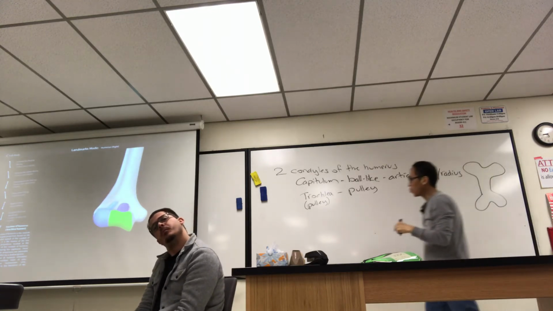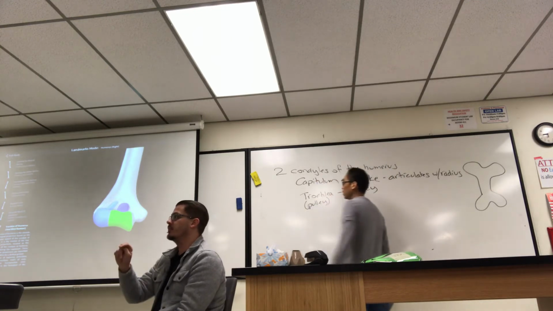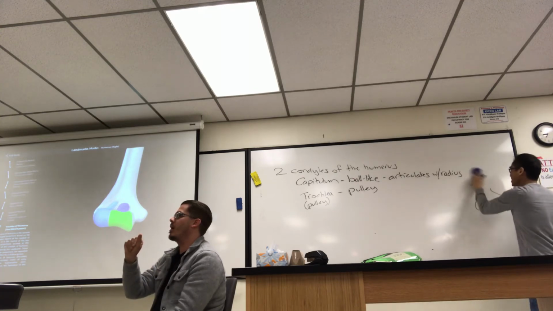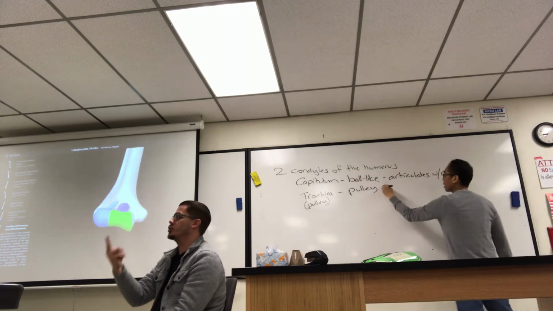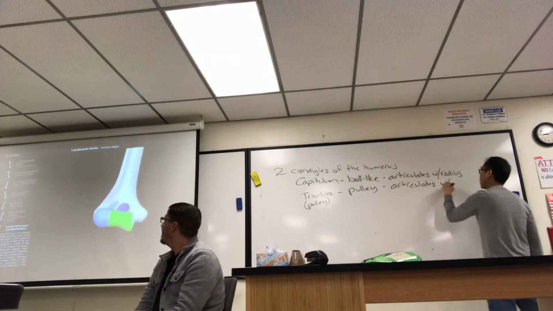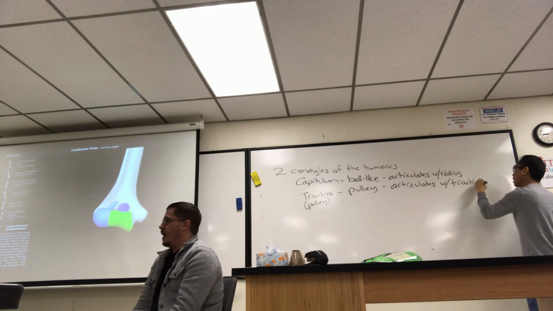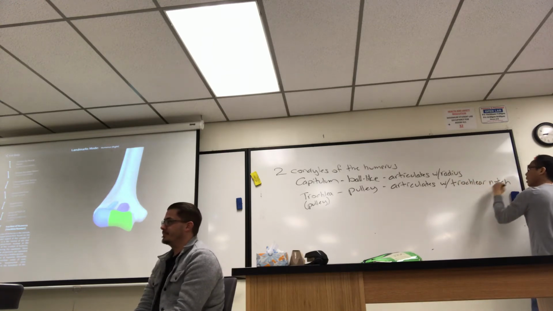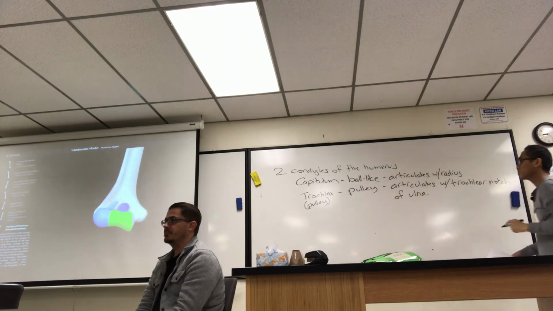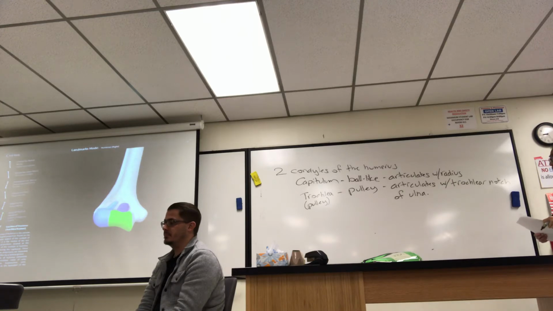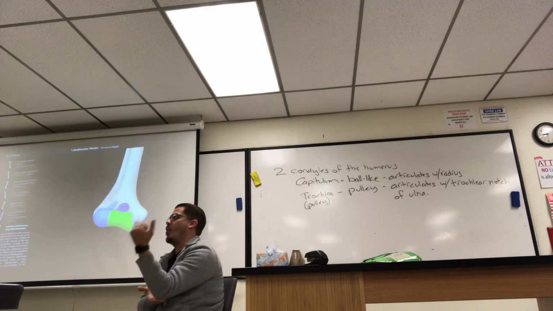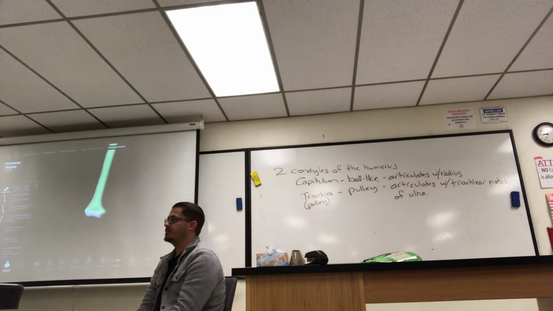The trochlea articulates with the trochlear notch of the ulna. Those are the main articulations of the elbow. Let's go back to full body.